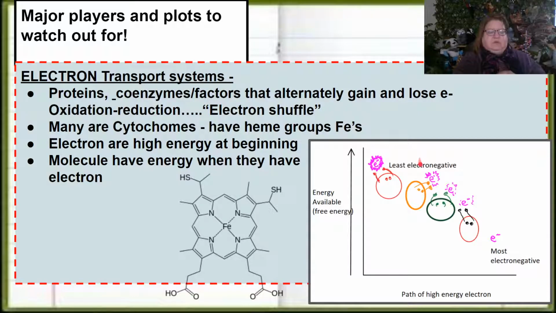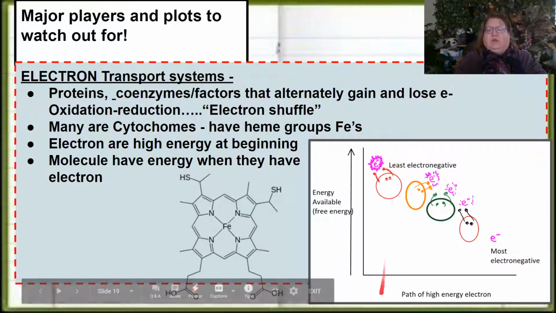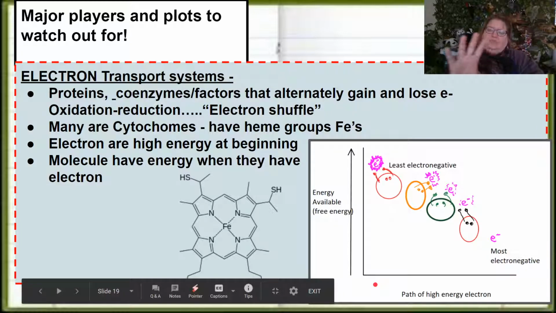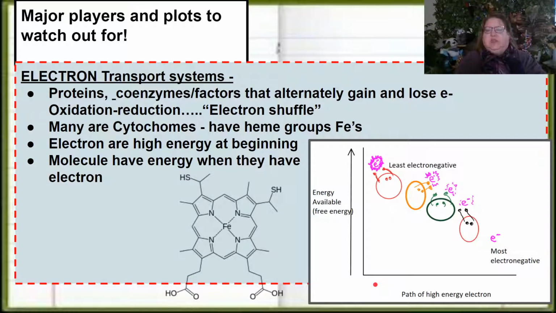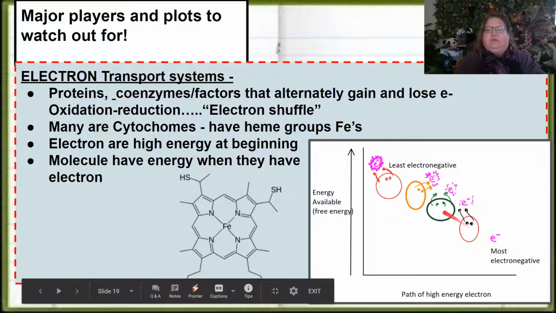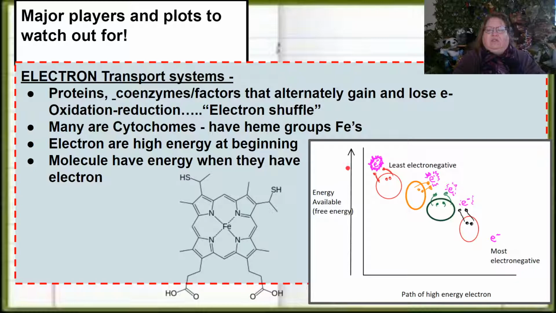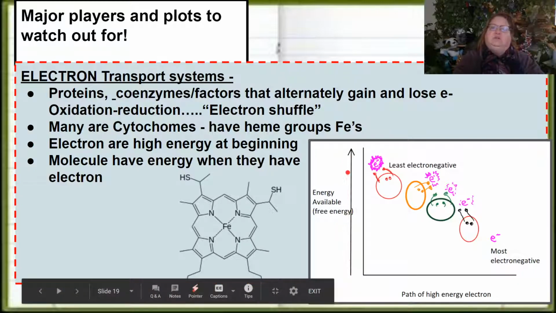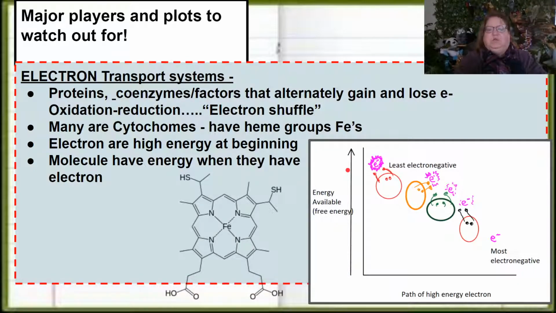And so here's a simple little graph I made where the x-axis is the path of the electron transporters. And here I've just kind of made them goofy little movers with little eyes and arms. And the y-axis would be the amount of energy that we see, free energy or energy available. And so when we have an excited electron here, usually what happens is we have an electron transport that is very willing to take it and move it along.